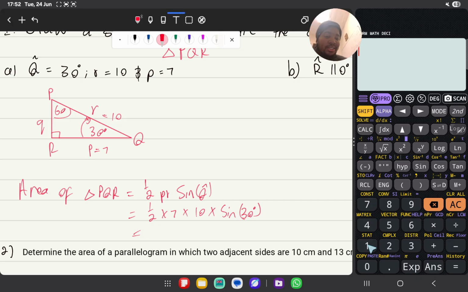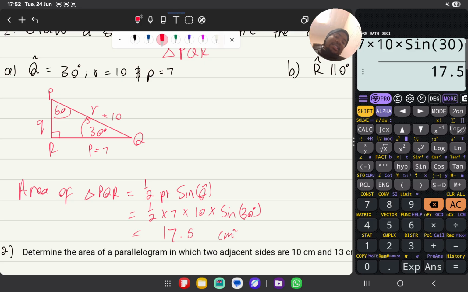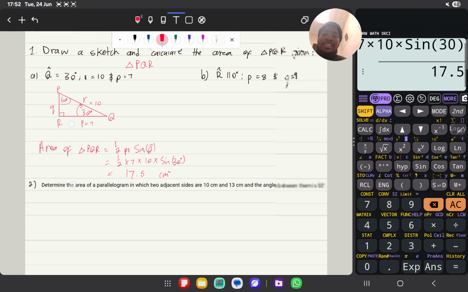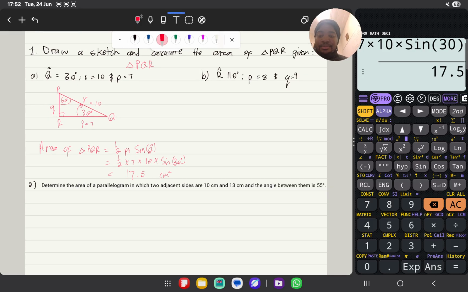Put that in a calculator. Half times 7 times 10 times sine 30. How much do you get? You get 17.5, let me just say centimeter squared, maybe we're measuring in centimeters. That was cool, yeah? Cool.